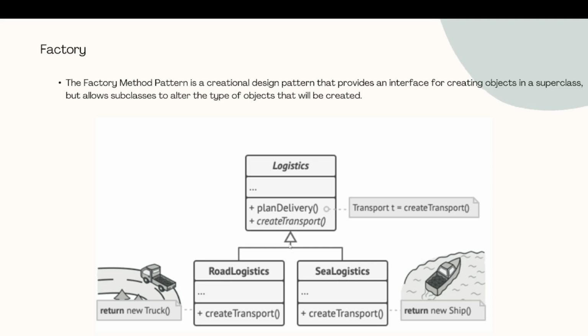Both inherit this method, createTransport. So the subclasses can decide the type of objects that will be created. The object creation logic is hidden in this logistics class, but the subclasses can decide which object needs to be created. So that is the creator, that is the factory design pattern.